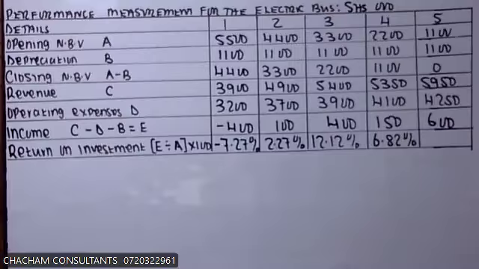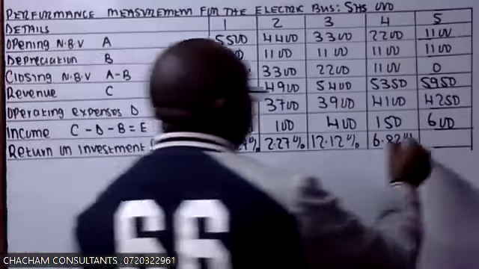You've confirmed that, Maureen? Good. Next is 600. You divide by 1100. 54.55.